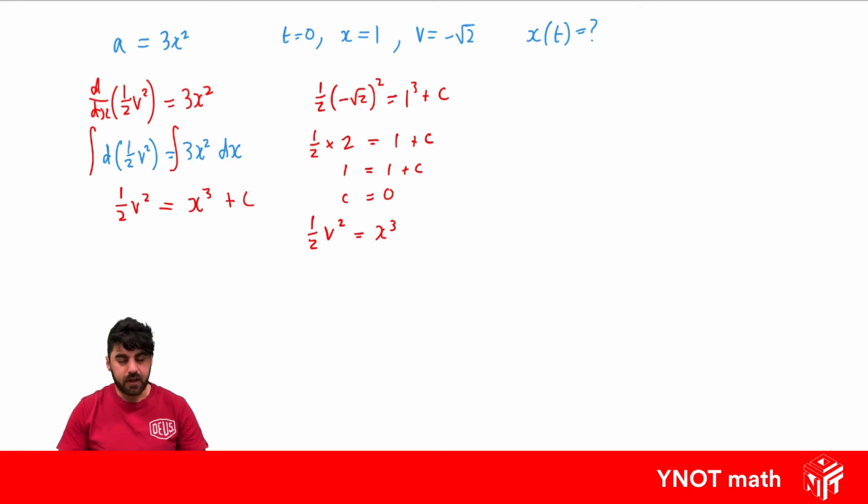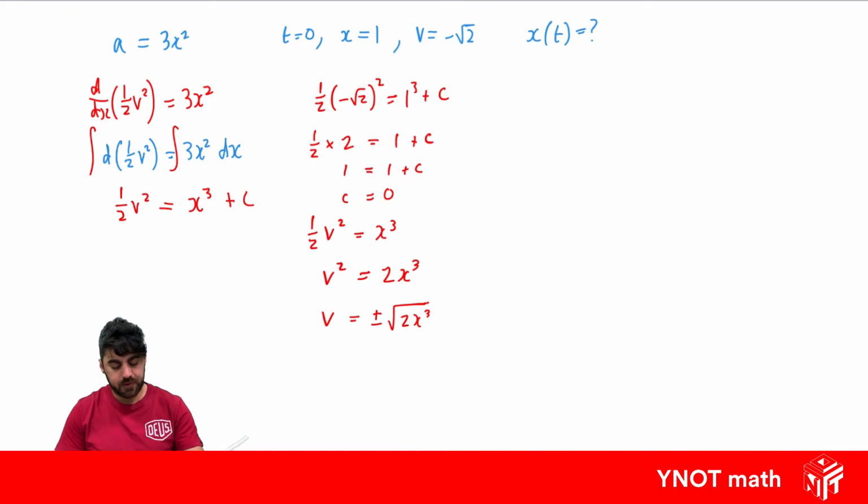And now we want to go ahead and get v as the subject. So we times everything by 2, and we get v squared equals 2x cubed. Then we'll square root both sides, so we get v equals plus or minus root 2x cubed. And now we need to determine, do we need the positive case or the negative case? And we can do that looking at our initial conditions.